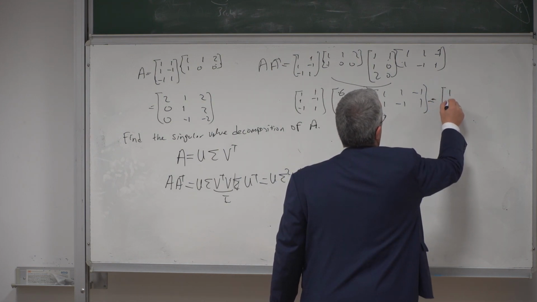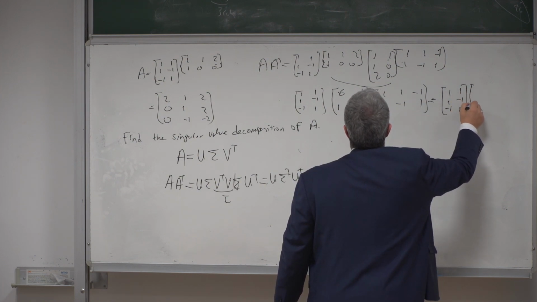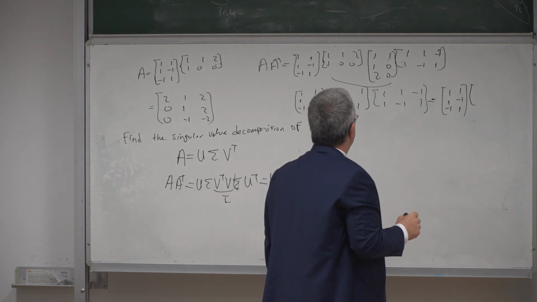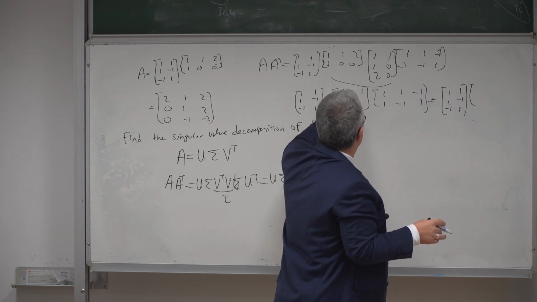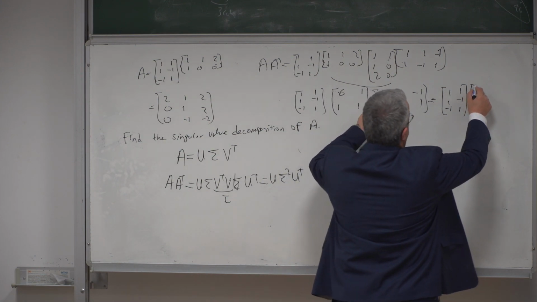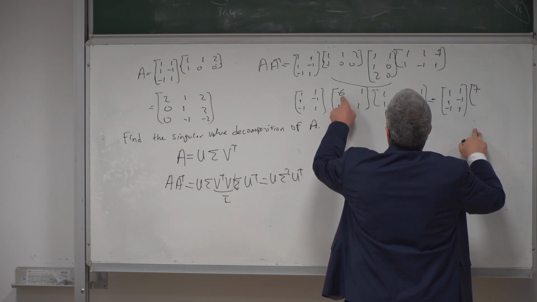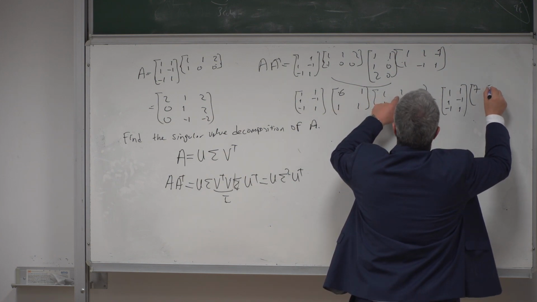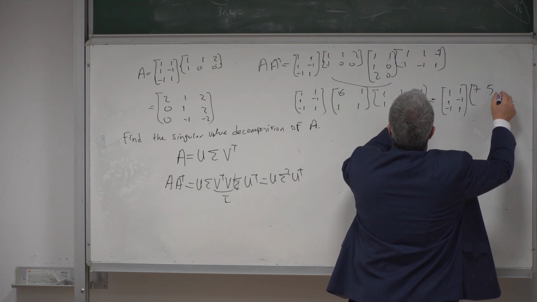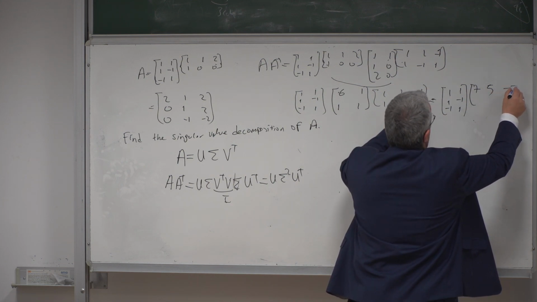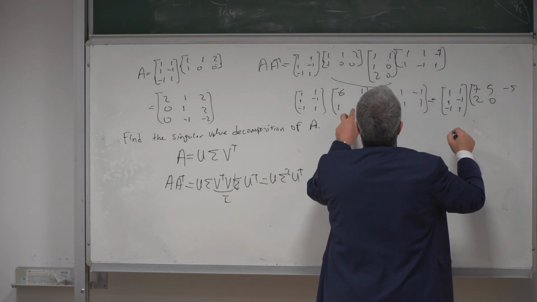And this is, of course, a lot of computation. This has to be done in a computer normally, right? You don't do it by hand. That's why we give you very simple questions in the exam. So this is 6 plus 1 is 7. And this is minus 6 plus 1 is minus 5. This is 2. This is 0.